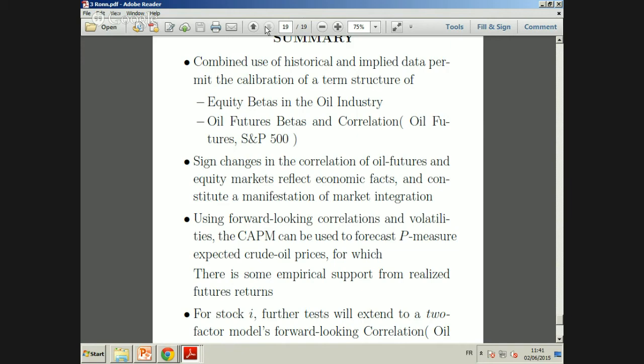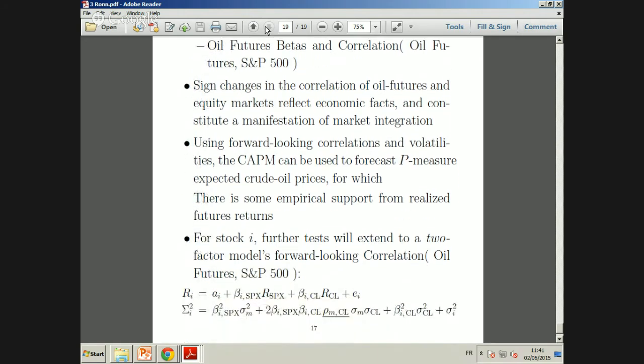My last comment, if I might, is that there's another 2-factor model that we can look at. Notice what I've done here is decompose the equity returns, or project them, onto the market and onto crude prices. The reason why that may be advantageous is that if you take the variance operator and apply it to the first equation, you get the second equation.